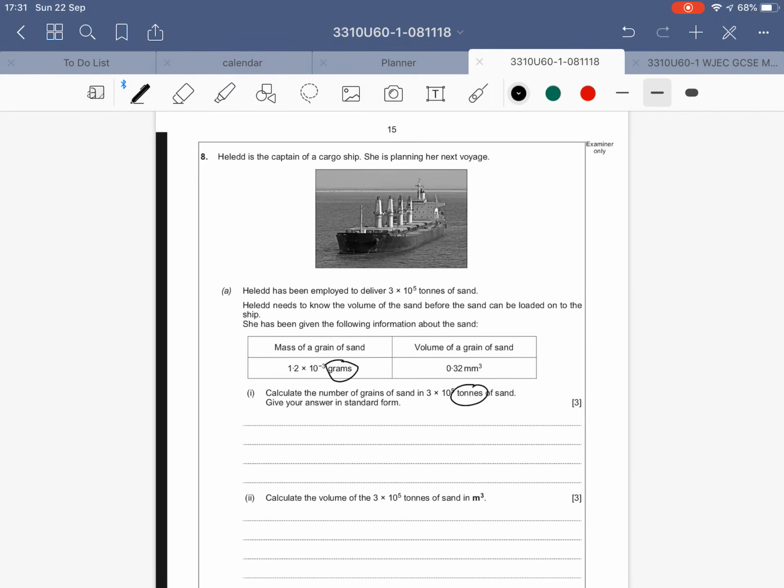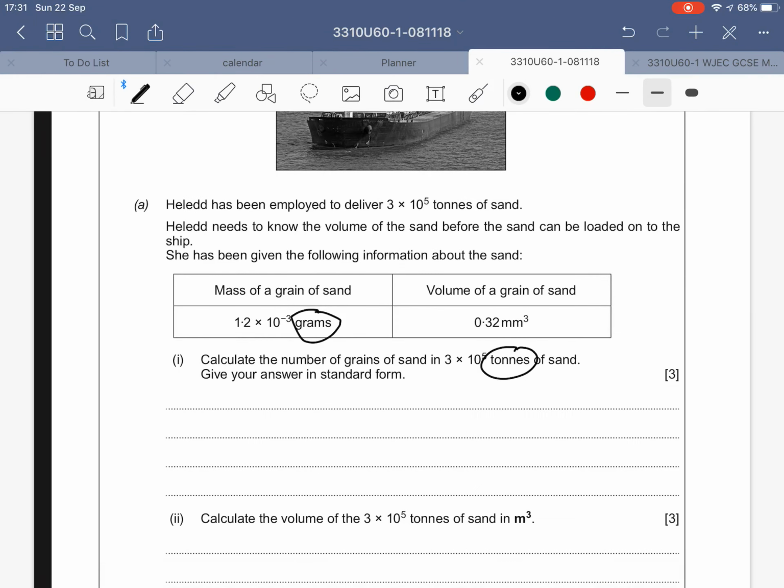So you should know that there's 1,000 kilograms in 1 ton. There's also 1,000 grams in 1 kilogram. Therefore, there's going to be 1,000,000 grams in 1 ton.